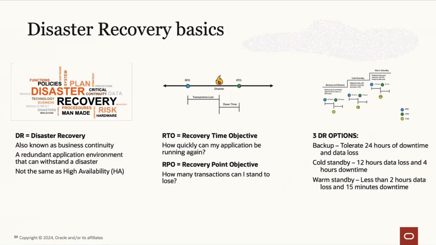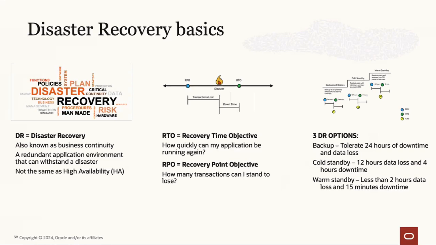Two metrics that are very important to that DR plan are your RTO and your RPO. Your RTO, or recovery time objective, is the target time required to restore your application functionality after a disaster happens. The goal is to measure how quickly you must recover from a disaster.